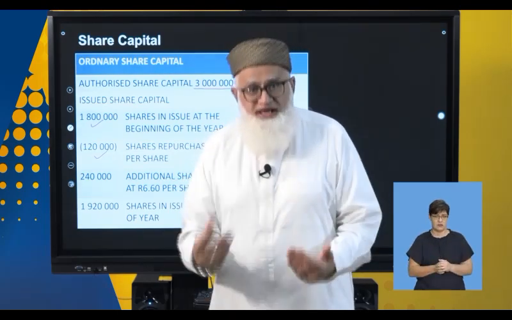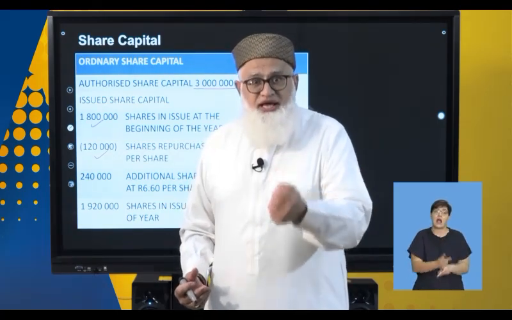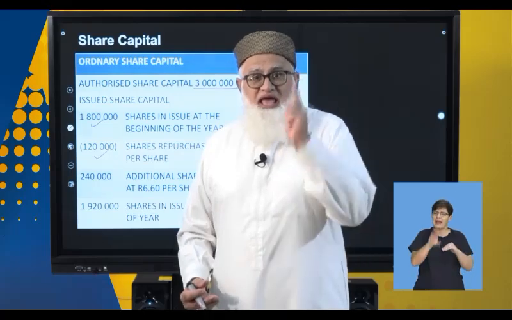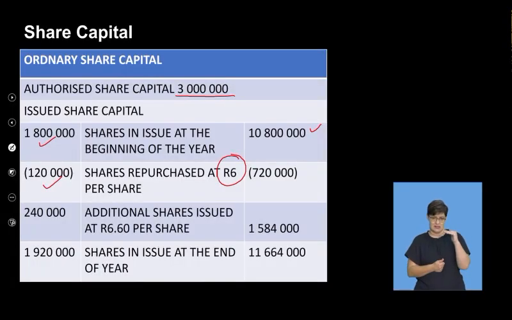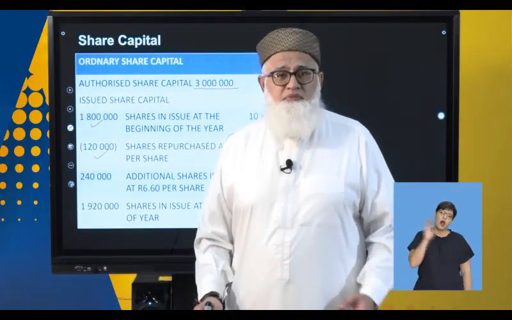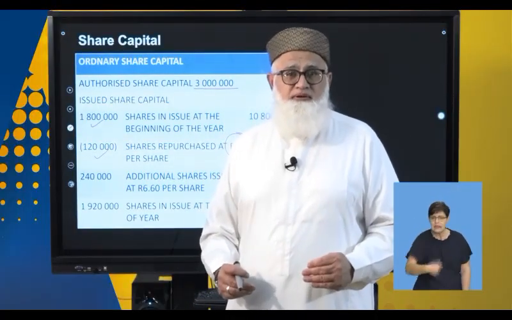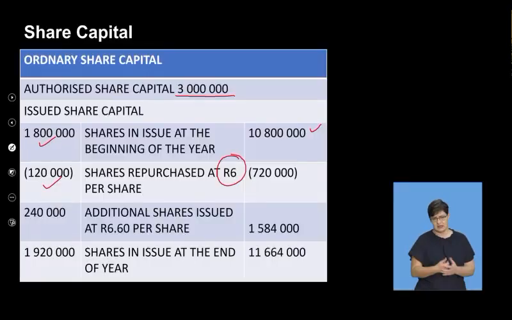I can't overemphasize this. In share capital, you work with the average price. You must be thinking I'm nagging. Yes, I am, because I don't want you to make a mistake in the paper. So here goes. There's my 6 rand. 120,000 times your 6 rand will give you the repurchase price of 720,000 rand.